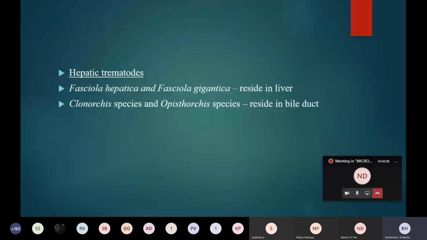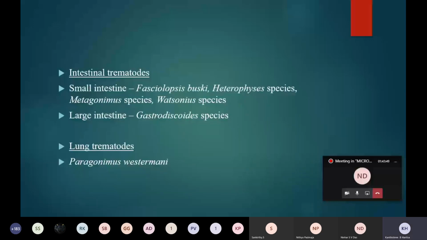Next is hepatic trematodes. So Fasciola hepatica and Fasciola gigantica reside in the liver. Clonorchis species and Opisthorchis species reside in the bile duct. Next is intestinal trematodes.